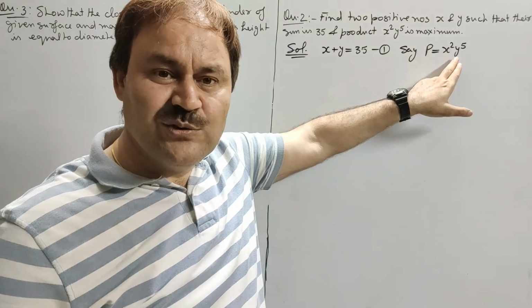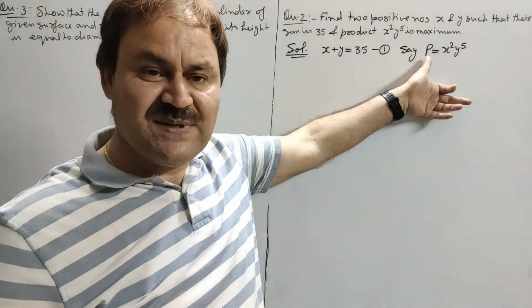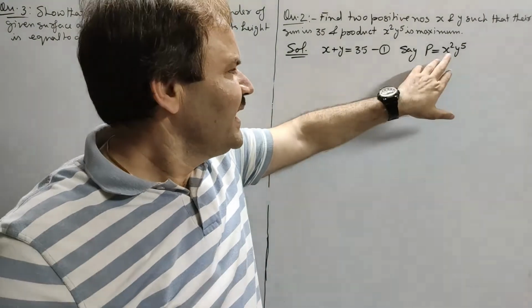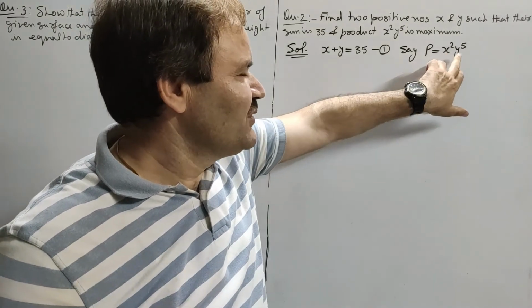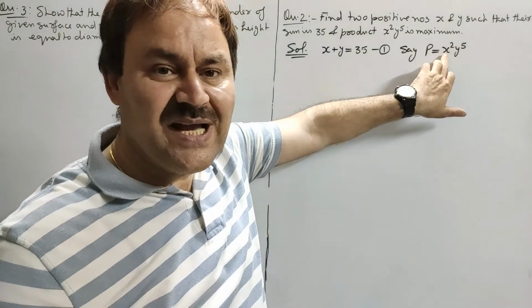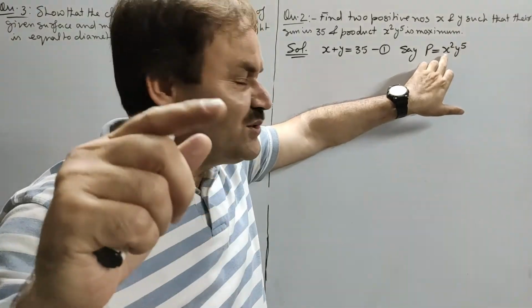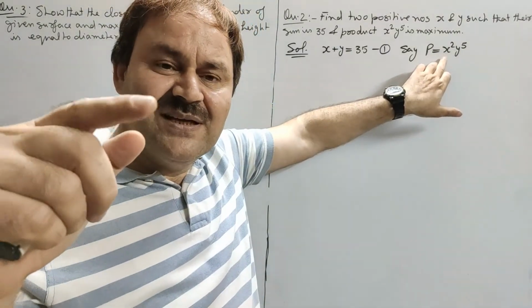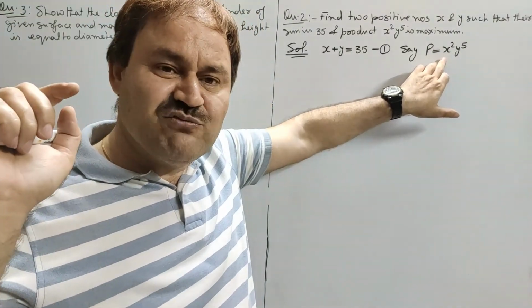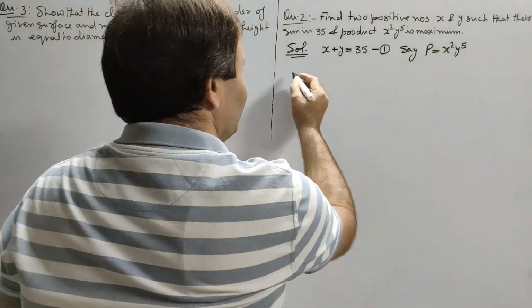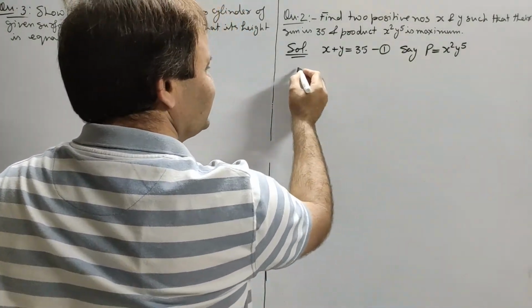one of the two variables in the expression for the product, and perhaps it would be easier to eliminate x, because for x we will be requiring only square. So we will eliminate x.